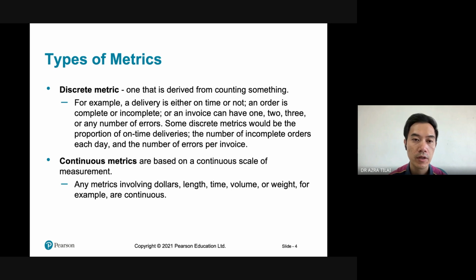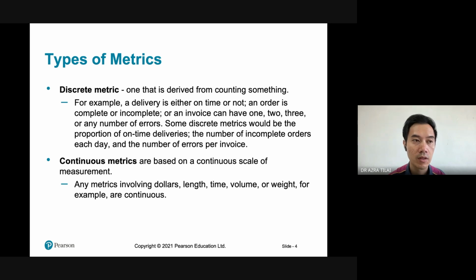So we also have continuous metrics. Continuous metrics are based on continuous scales of measurement. For example, any metrics involving dollars, length, time, volume, or weight are continuous. Hours is not continuous because hours will normally stop at a certain point.